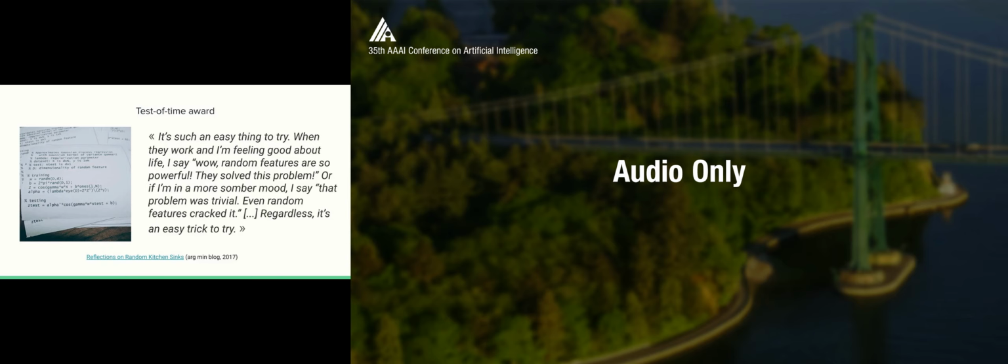You might think, well, this problem was too easy, so easy that even a randomized algorithm could solve it. Okay, despite these considerations, all in all, I think the key point is that regardless of them, randomized algorithms are really an easy trick to try, and they can immediately give you a very strong baseline for a lot of problems. So they are worth investigating.